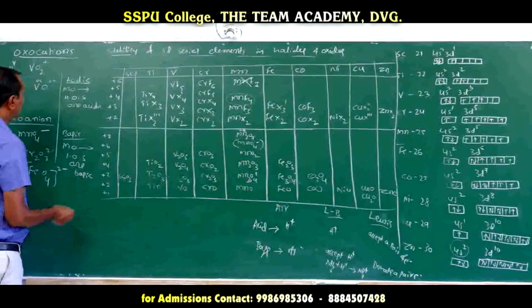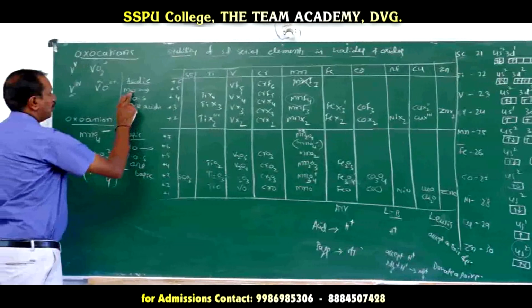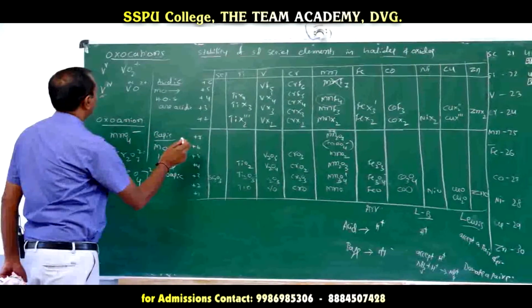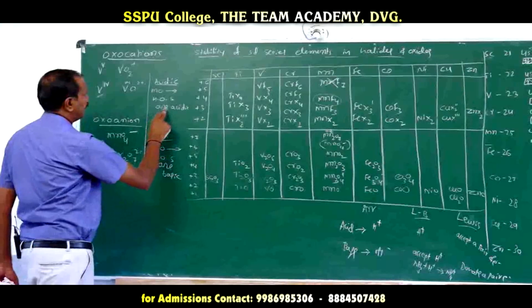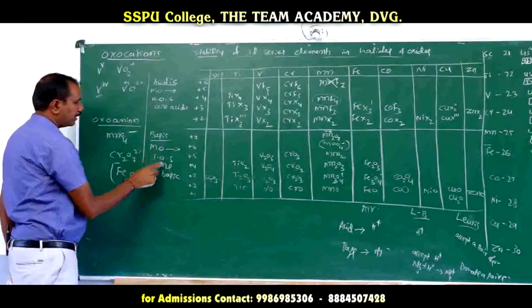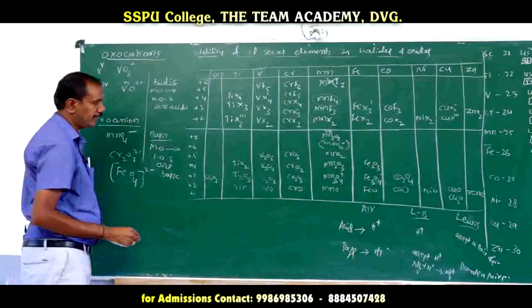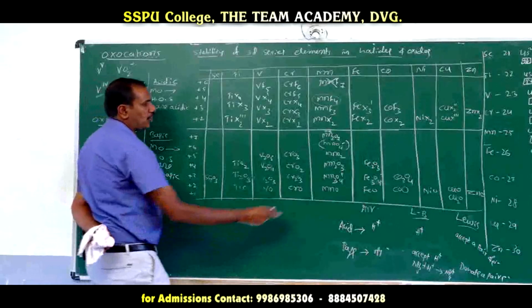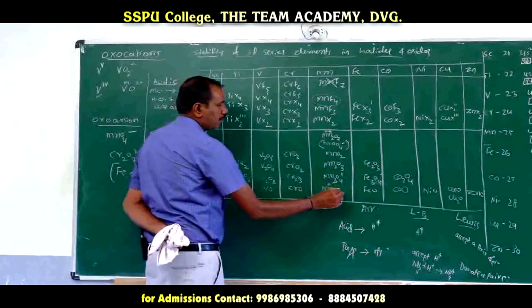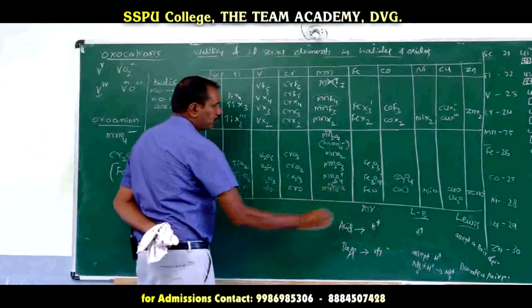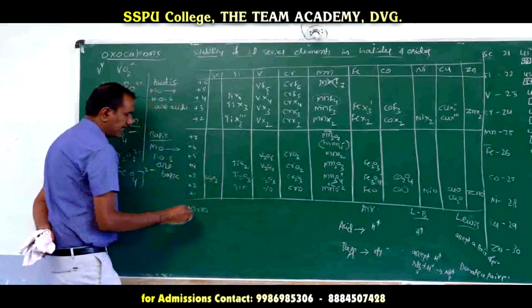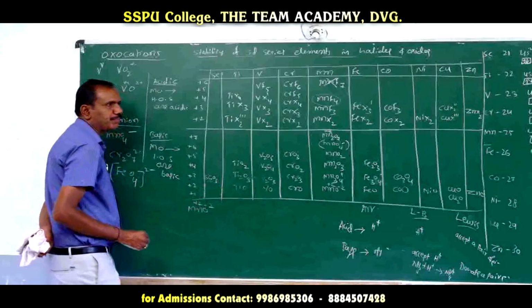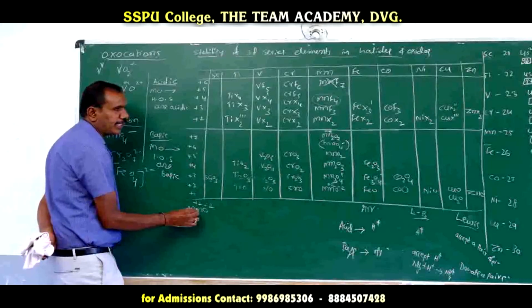So why are metal oxides in higher oxidation state acidic, and metal oxides in lower oxidation state basic? Example, we will go for Mn. It starts from +2. MnO: oxygen is -2, so Mn is +2. So it is a lower oxidation state.